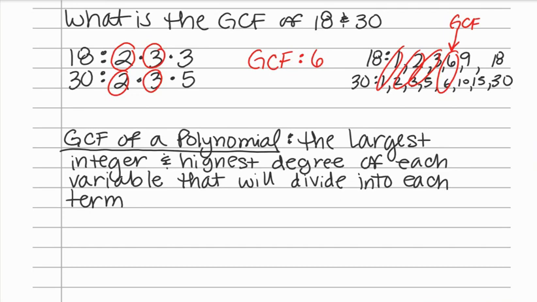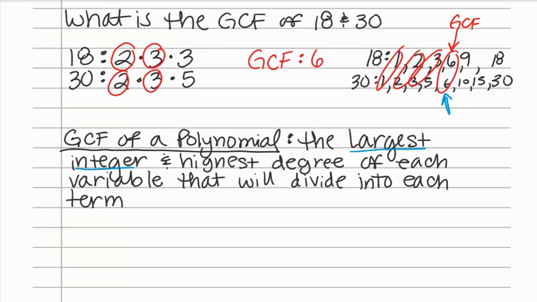Okay, so the largest integer is what we just did in this last example. The part where it says the largest integer, within our polynomial, you would look at your coefficients or constants, and you would look for that GCF. Okay, largest integer, 6.